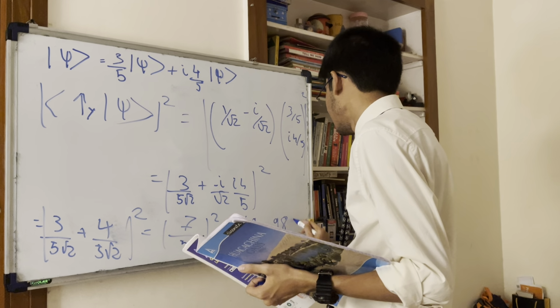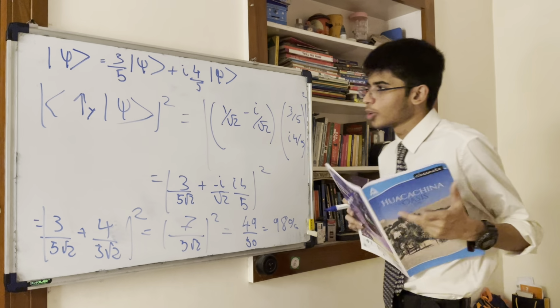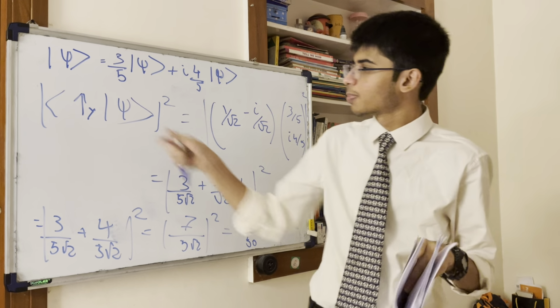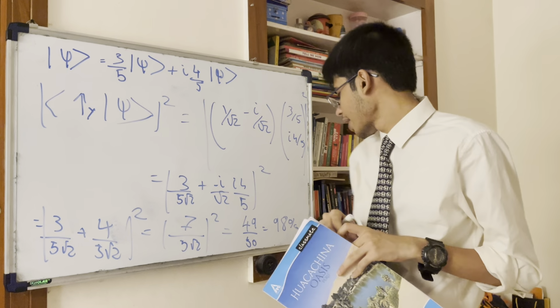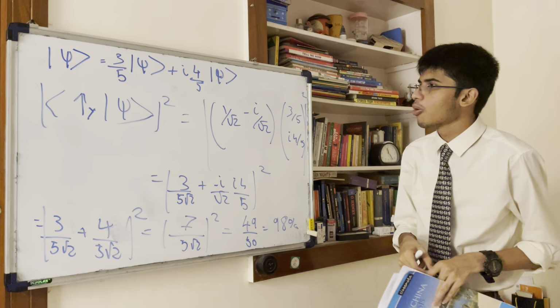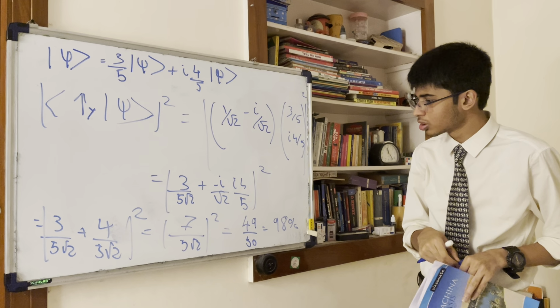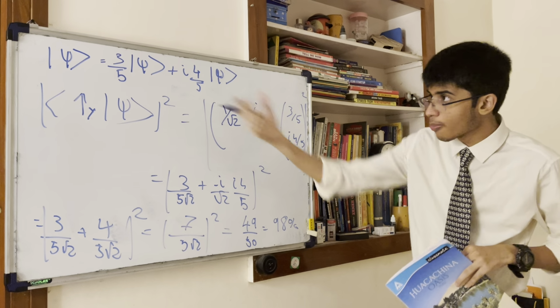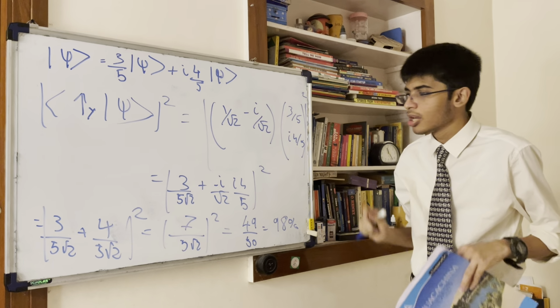This is 98%. Whoa. So we just found out that the probability of the particle being spin up with respect to the y-axis is 98%. So it's a very high probability. Now, are there any clues which we might get from this that it will be very high? Yes.